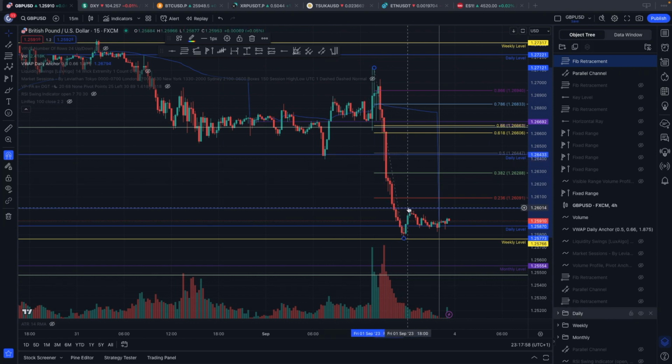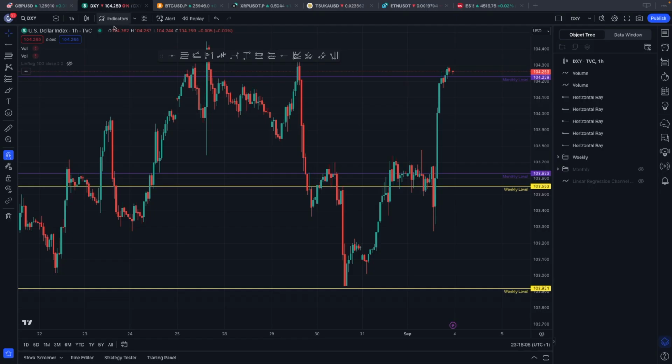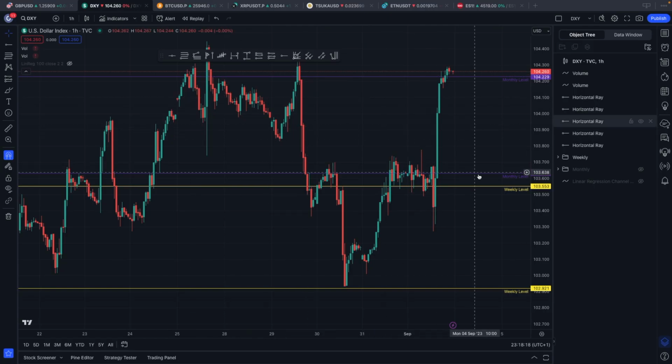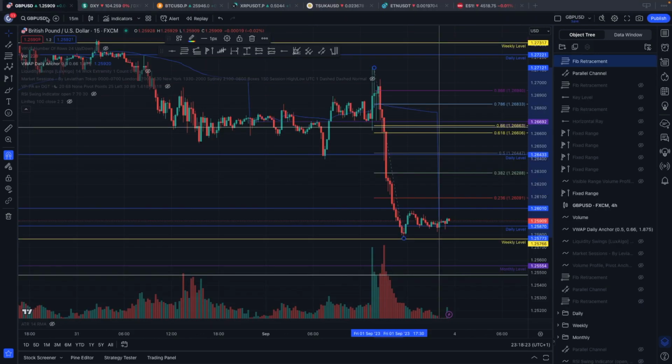Got a bit of a daily here, which you could argue is the equivalent of this little monthly resistance. So again, if we drop below it, then here, if we go above it, then expect this level of 1.6433, and here we would expect 103.633. We would head in parallel to each other. But yeah, let's see what happens.